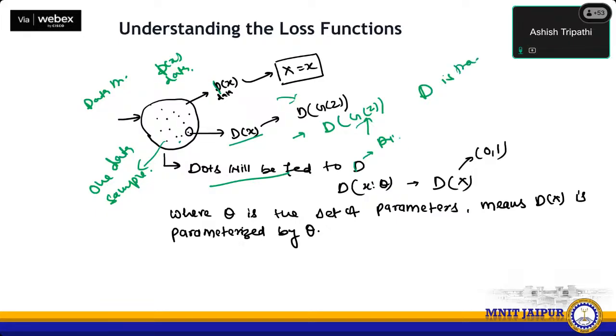is trained on data sample x, and it is parameterized by theta. What is theta? Theta is a set of parameters. So we can say that the discriminator network D is parameterized by theta. That is a trained neural network having updated weights and biases.